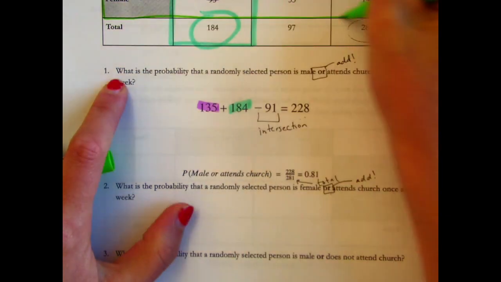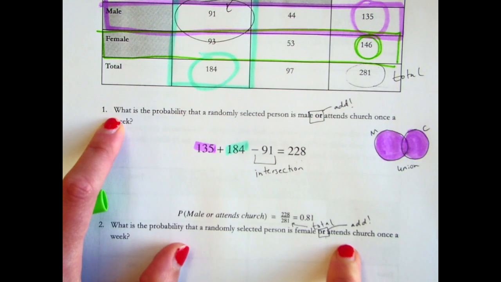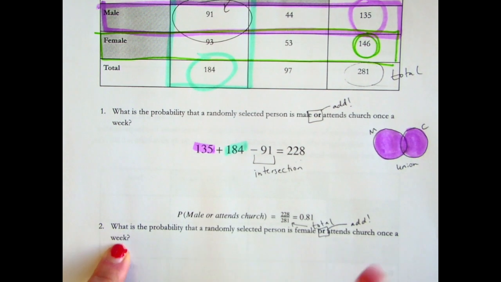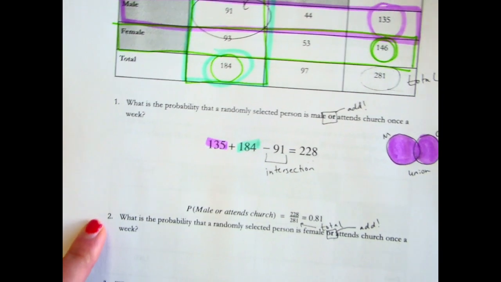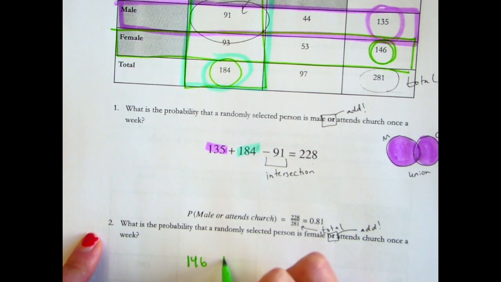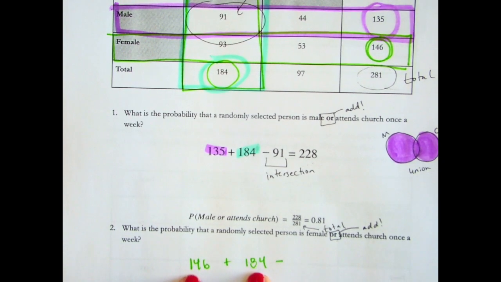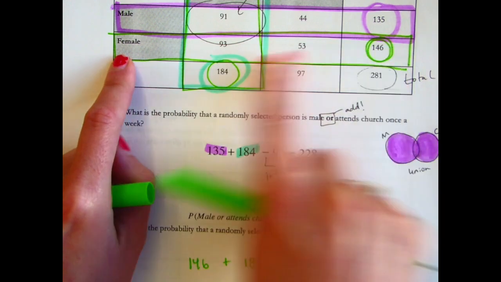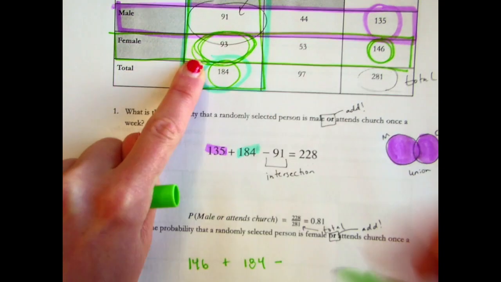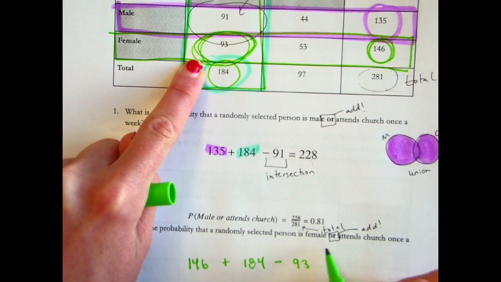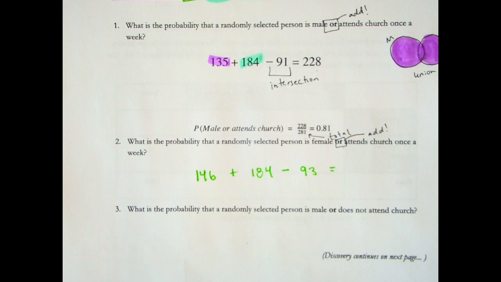So I'm going to be adding up everyone who attends church once a week, which is again this 184. So here I'm going to add up 146 plus 184, but then at the end I can't forget to subtract the intersection. In this case, the intersection between female and once a week is this 93. So I'm going to subtract the intersection of these two events, which is 93. And in my calculator, I will get 237.